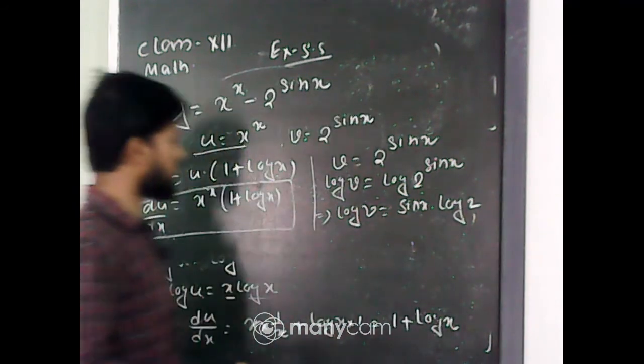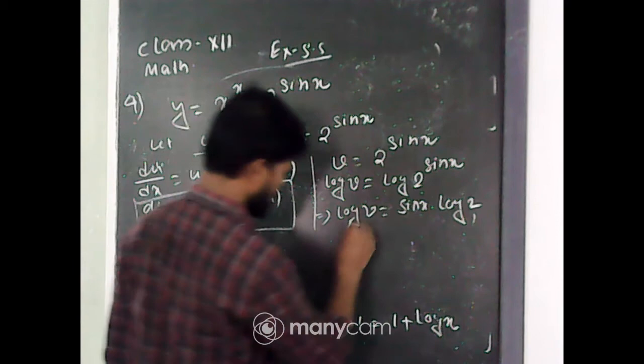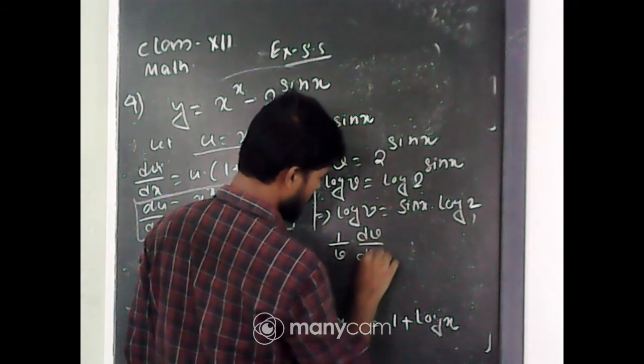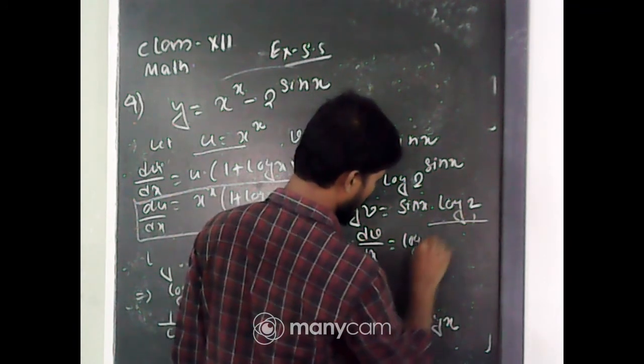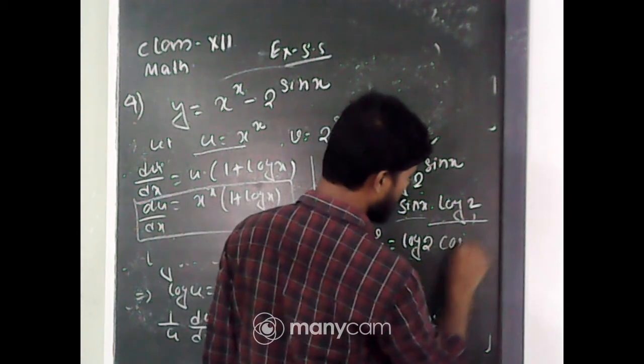Now, differentiate this with respect to x. We have 1 by v dv dx is equal to, so log 2 is a constant term, so log 2 into derivative of sin x, which is equal to cos x.